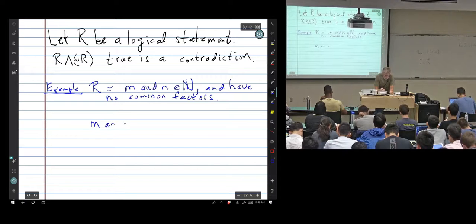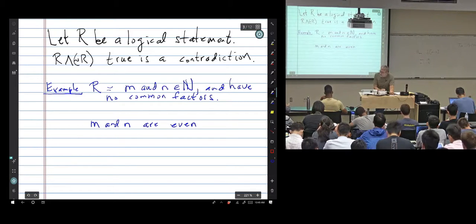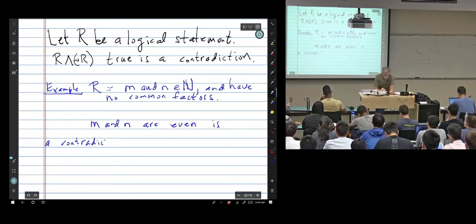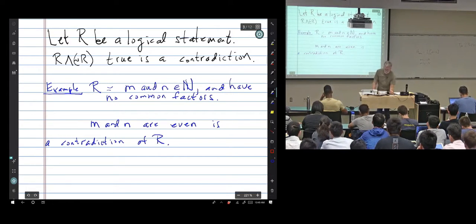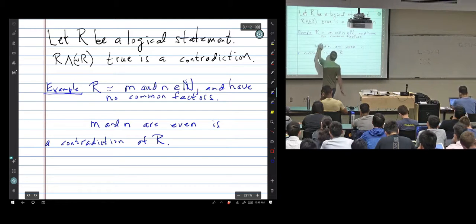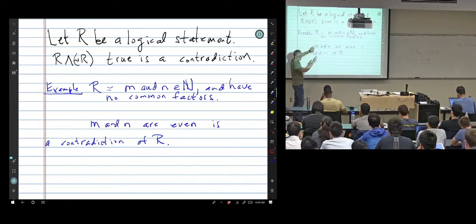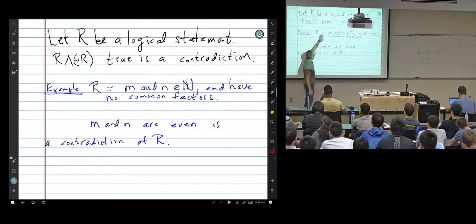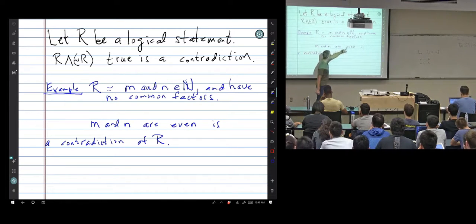M and N are even is a contradiction of M and N have no common factors. That's a contradiction. So you would have both R and not R. M and N are even implies not R. They have a common factor because 2 is a common factor.